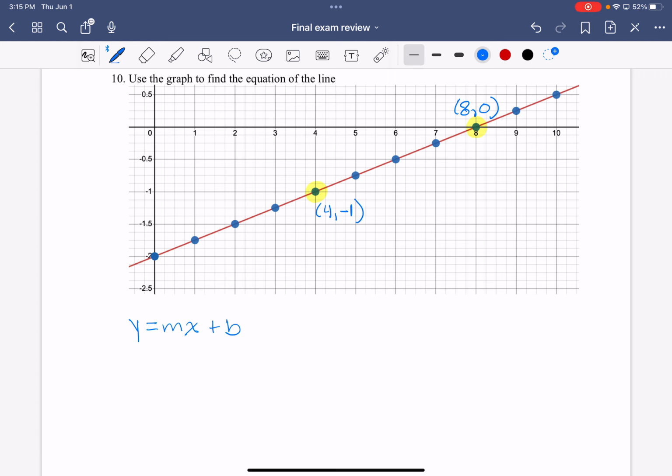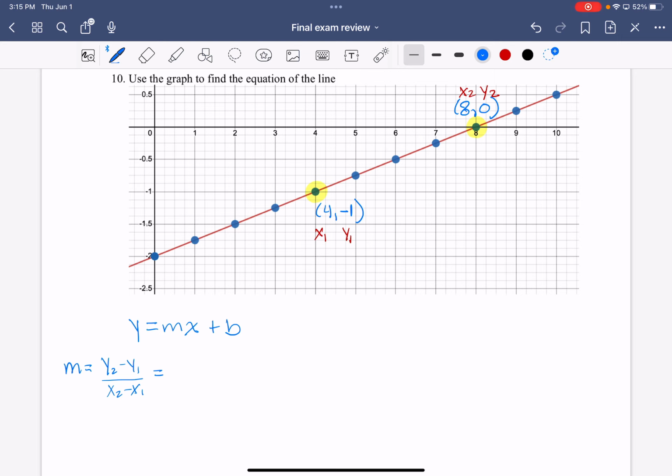Okay. So I'm going to call this my x1, y1, and my x2, y2. And now let's calculate the slope. So the slope equals y2 minus y1 over x2 minus x1.